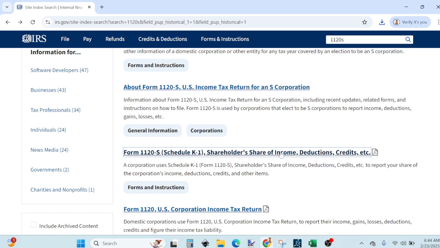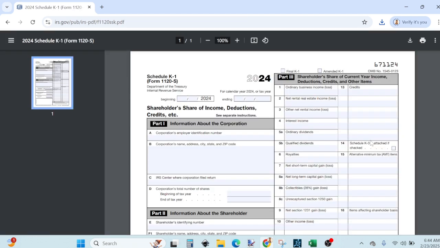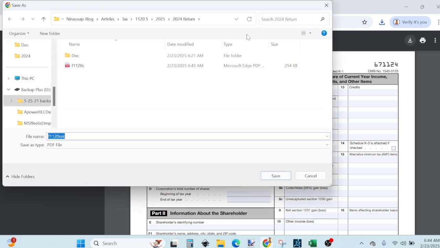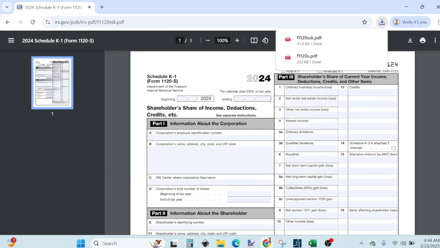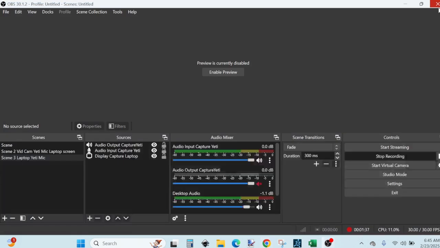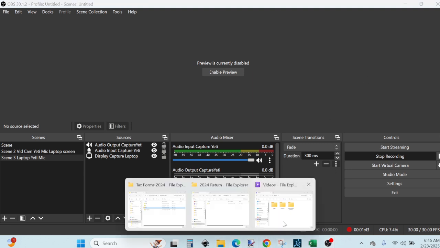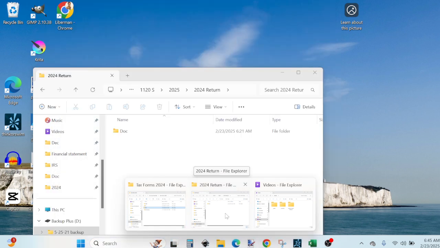So the software you are going to use is going to fill out all those forms for you. That's why it's important you use a software to file your return, because it's going to move the data that you are putting in.